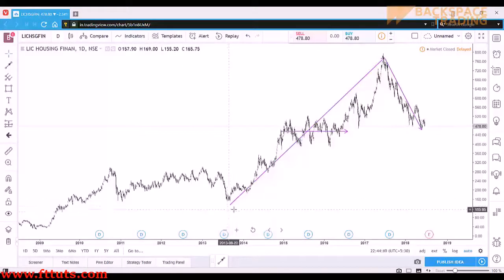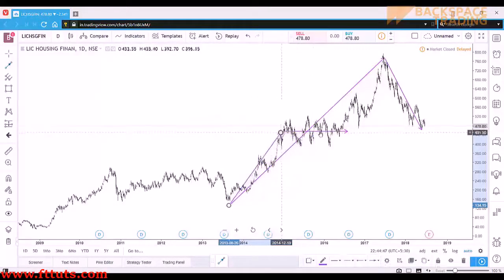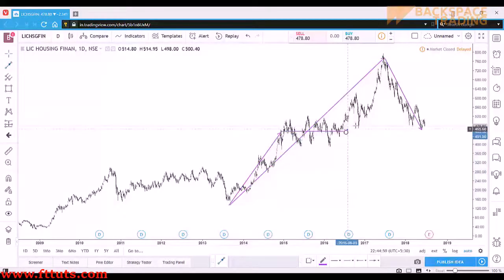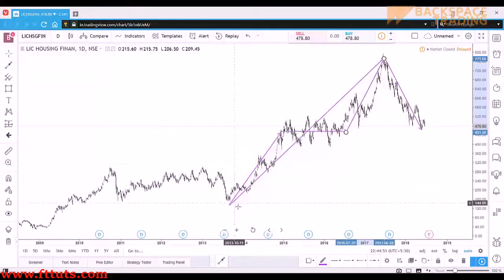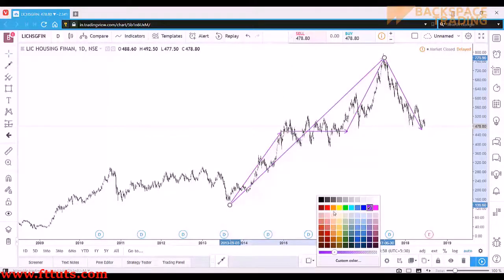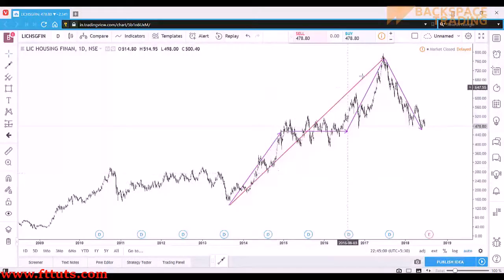The uptrend starts a move and it can take rest as long as it wants to, and it can continue its journey. So even though the red line that you see is a single straight line, more or less the price wanted to move like what, in a car, I guess.